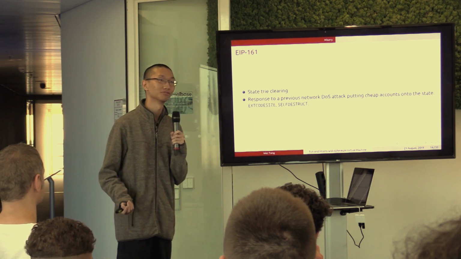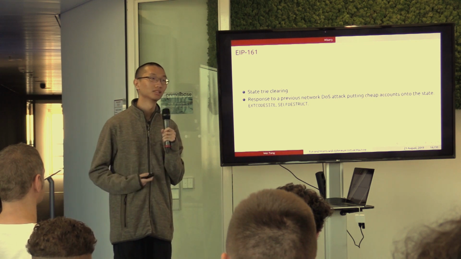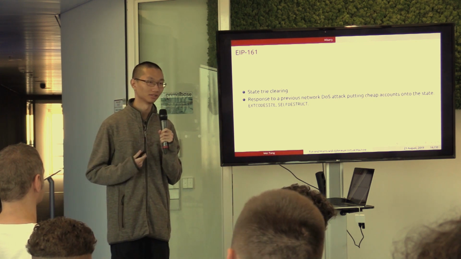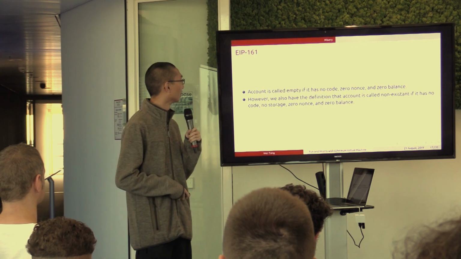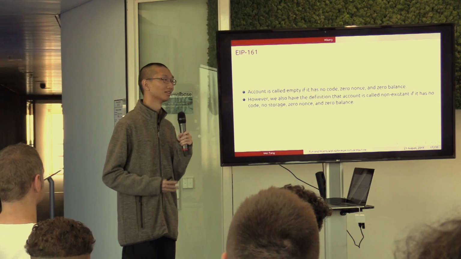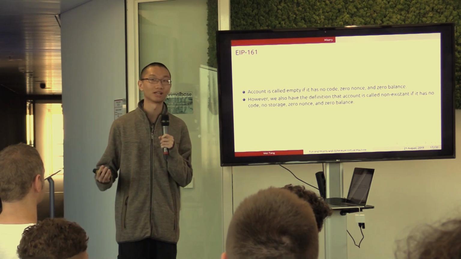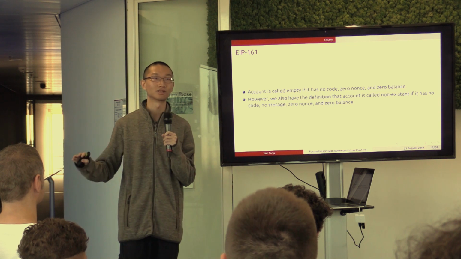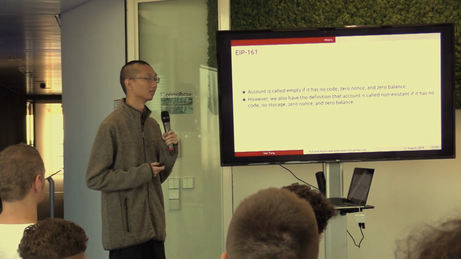So we have EIP 161, and what we do is we define a new status for our account, called empty. An account is called empty if it has no code, zero nonce and zero balance. That seems pretty workable. And if we have an empty account, then we do certain operations to delete that account at the end of the block.